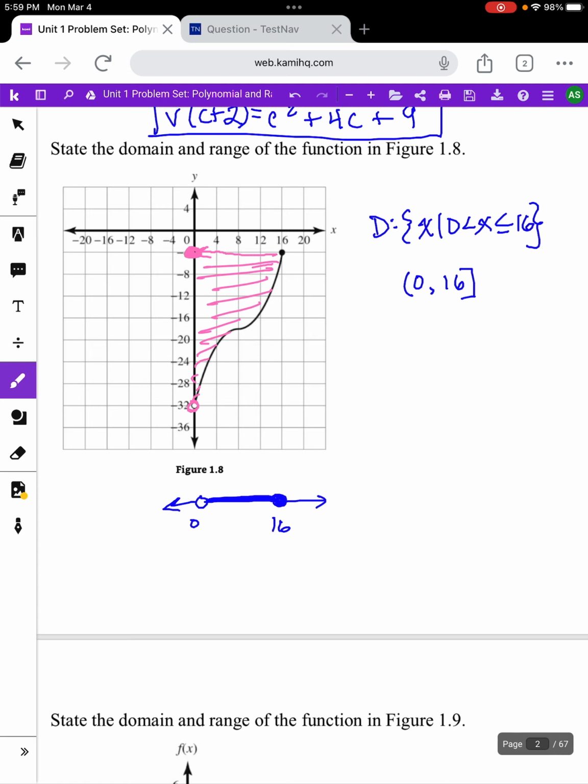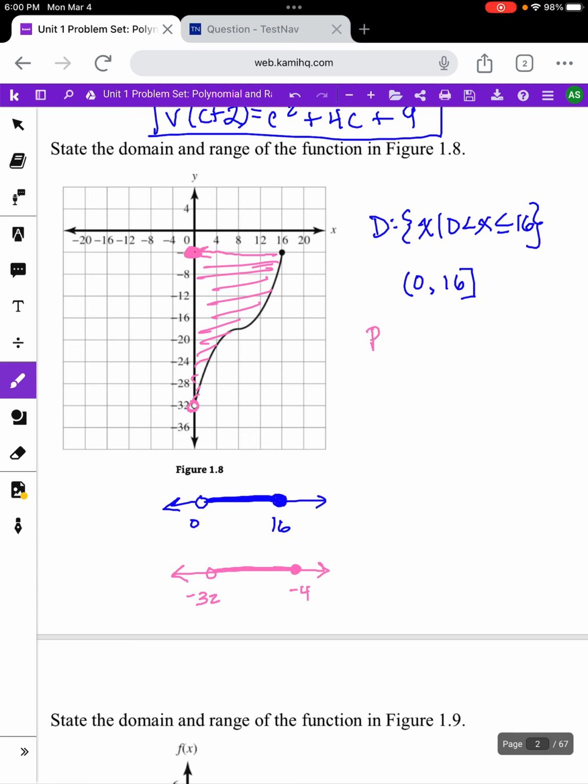So the range essentially is this line, where negative 32 is the smaller number, so that's going to go on the left. And negative 4 is the bigger number, that'll go on the right, and I'm shading everything in between negative 32 and negative 4.